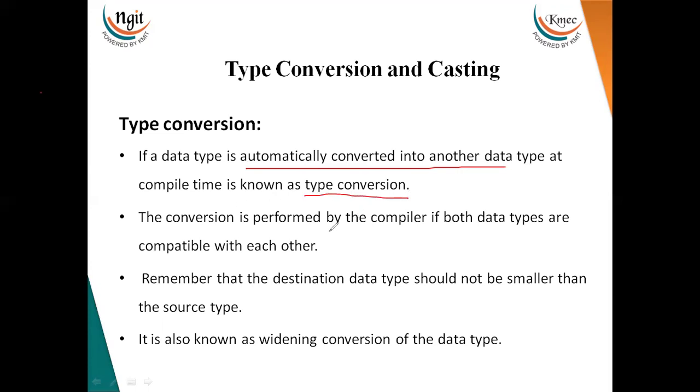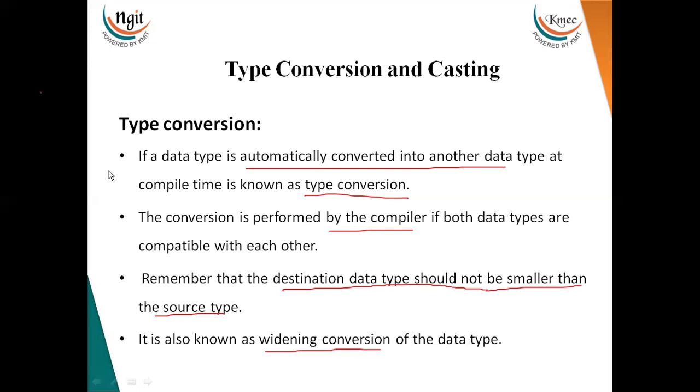Type conversion is performed by the compiler if both data types are compatible with each other. Here we need to remember a point: the destination data type should not be smaller than the source data type. It is also known as a widening conversion, right? The type conversion is also known as a widening conversion.